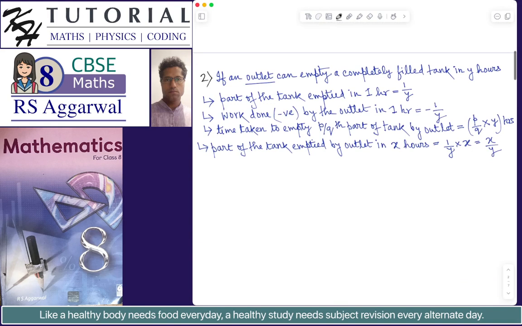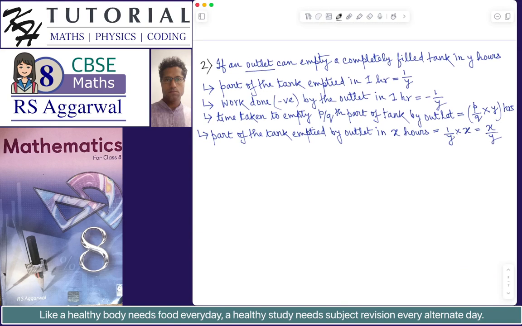Rule number two says that an outlet, which means a tap which is emptying a tank, can empty a completely filled tank in y hours.